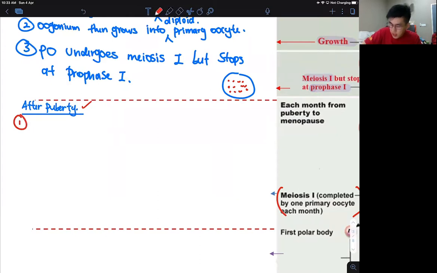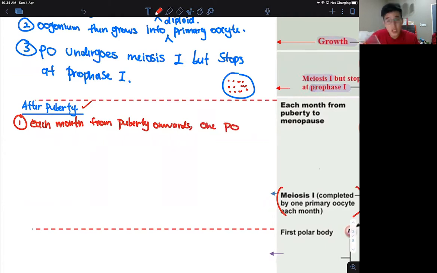You can say each month, basically from puberty onwards, one primary oocyte completes meiosis 1 to form.